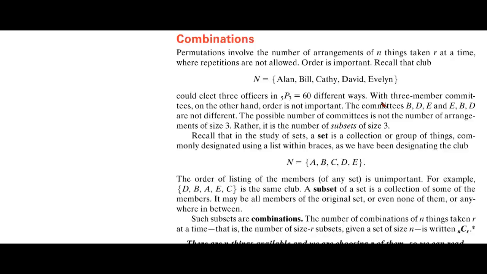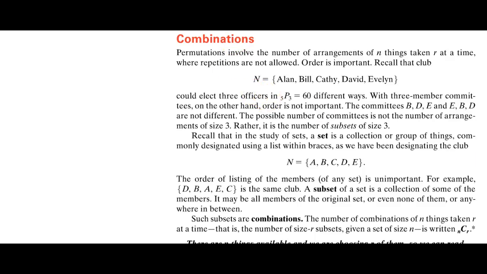This would just be a grouping of things, and where B, D, and E in this order was significant, reversing them, E, B, D, would be significant if it were permutation, but now they're the same. So order is not critical, and this is what we find in combinations.